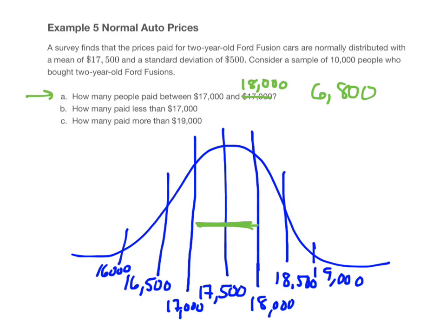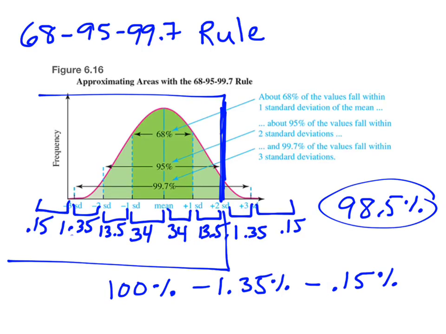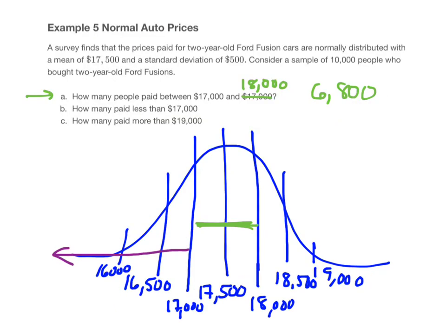All right, how many people paid less than 17,000? So that would be from here down. Okay. So a couple ways you can find this. We could add up all of these percentages that we already found, right? Or you could also notice that the green represents 68% of the people.